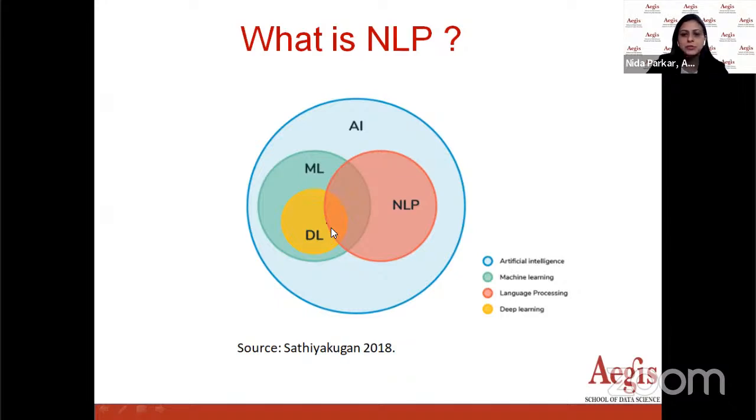But before you give the data to the machine learning and deep learning models, you need to pre-process the data, because it is present in the form of textual data. Suppose you are giving a review to a movie. That is the way in which humans speak or write: the movie was good, the actor was not that great. You would write these words. How would any machine understand what exactly you are trying to interpret by writing those sentences? That area is nothing but natural language processing.